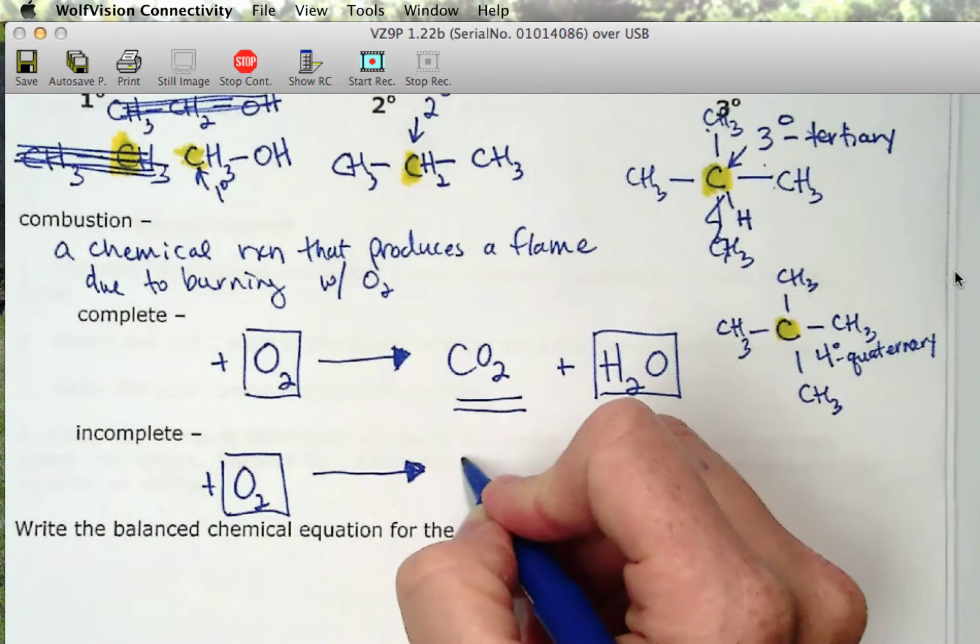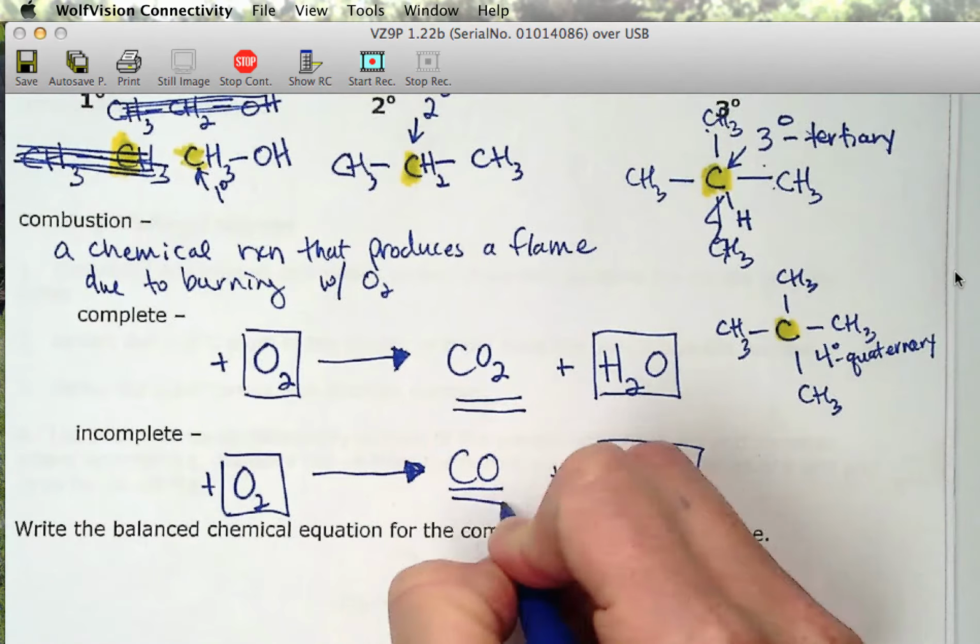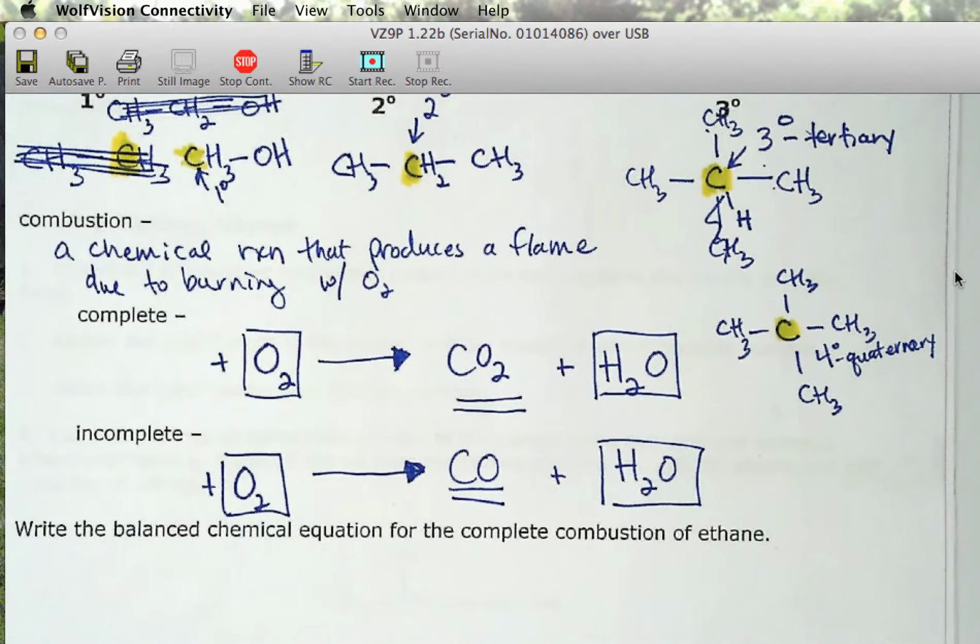Incomplete combustion gives carbon monoxide. We have incomplete combustion reactions all the time. That's why you don't want to leave your car running in the garage with the garage shut, because you would start breathing in the carbon monoxide, that competes for oxygen, and you die.